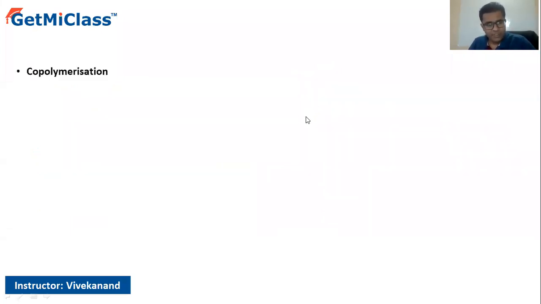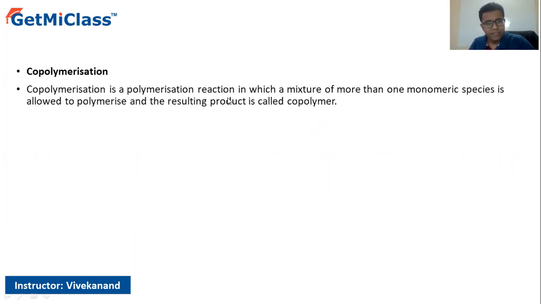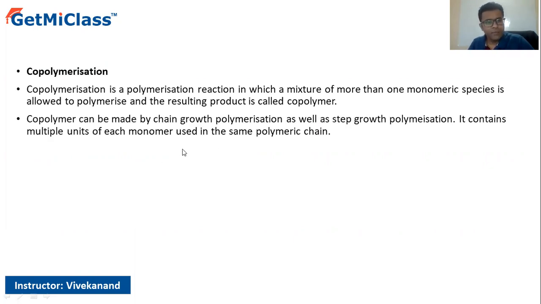So the process of copolymerization is a polymerization reaction in which a mixture of more than one type of monomeric unit or species is allowed to polymerize, and the resulting polymer or product we call a copolymer. The copolymer can be made by the chain growth polymerization, which we have already discussed, as well as the step growth polymerization.